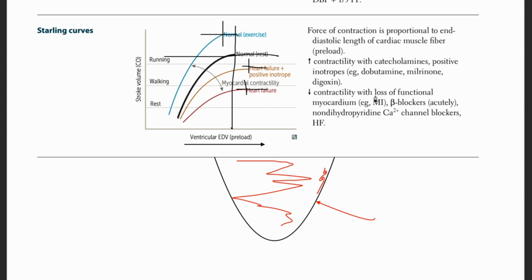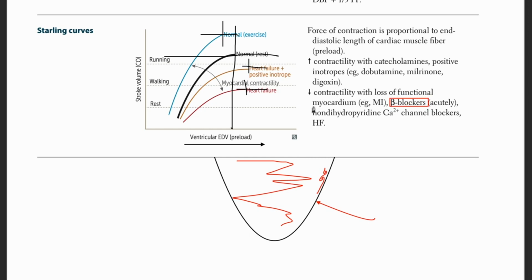Decrease in contractility with loss of functional myocardium, for example MI, beta blockers acutely, non-dihydropyridine calcium channel blockers, and heart failure. So again, this thing we know is heart rate, contractility, and renin. Remember, renin's not appropriate here, but it's just so you don't forget that it has action on that as well. So beta blockers will decrease the contractility, we know that.